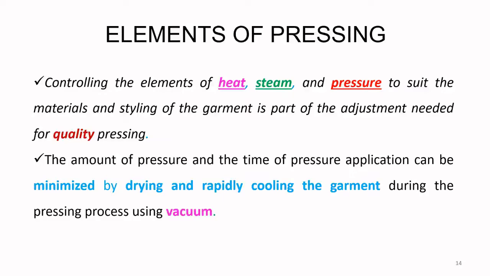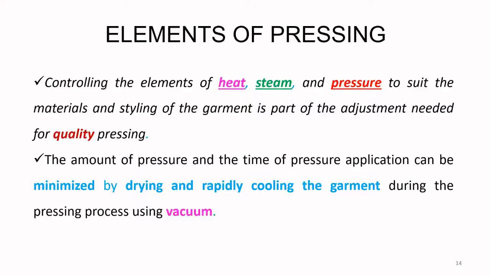So the garment has been pressed, it is hot and it is moist with steam. Immediately with the help of vacuum, the garment is dried and cooled immediately, and then we can continue with the pressing of the other parts of the garment. Now, this mechanism is not available to us at homes.